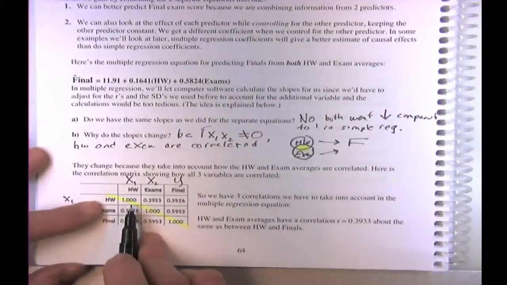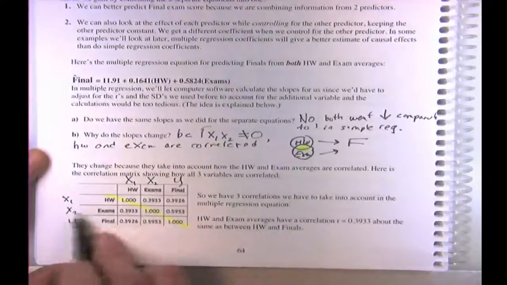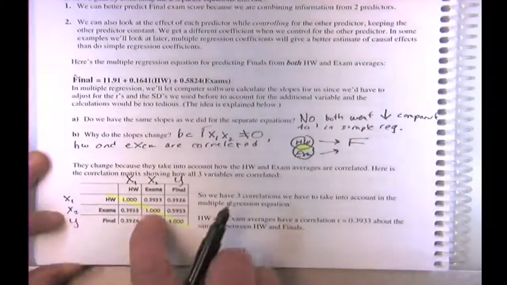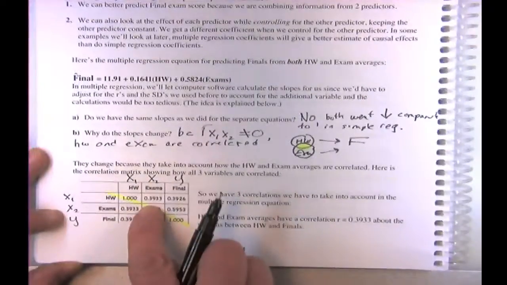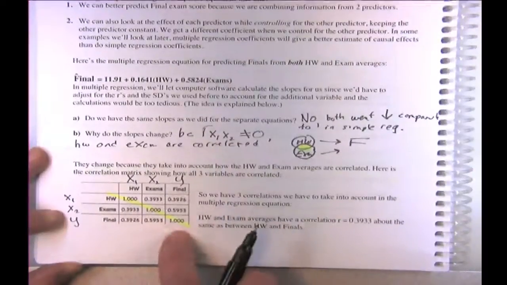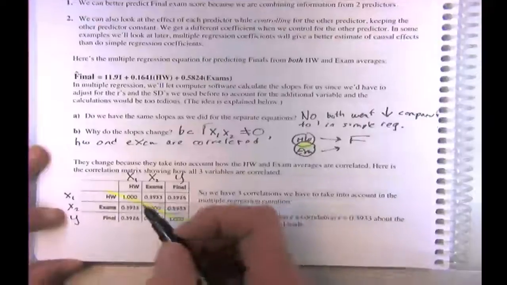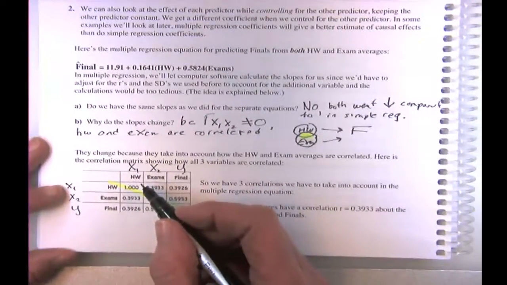I'm saying homework is correlated with homework. X1 is correlated with X1. X2 is, what's the correlation between X2, exams, and exams? If I know your exams, can I perfectly predict your exams? Do you see why this is all one across it? Because the correlation between X and itself is always going to be 1. If I know your exam score, I know your exam score, right?